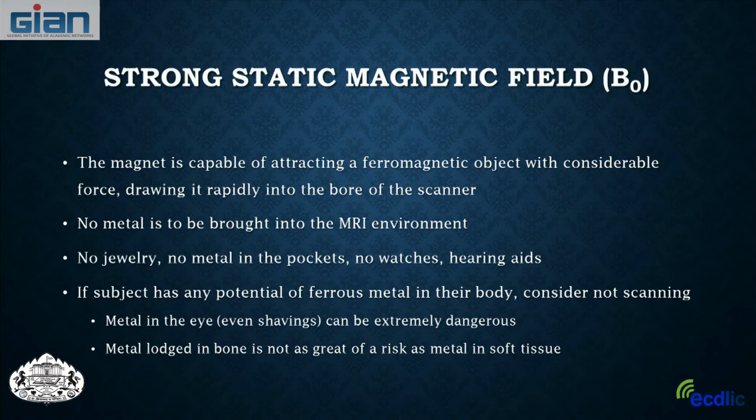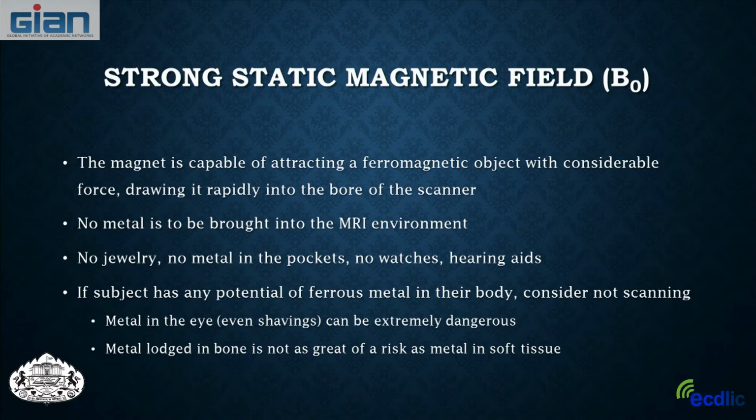That's where we try to get the field the most homogeneous. That's where the field is the strongest. So anything that pulls into that scanner is going right for the bore. So we don't want somebody's head to be in there and have something magnetic come and hit them on the head. So we say no metal is to be brought into the MRI environment.